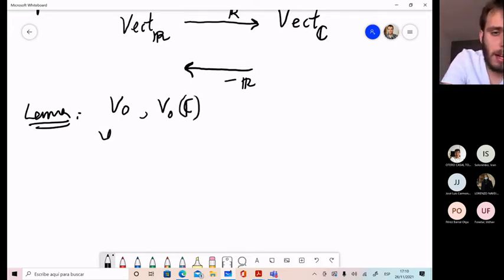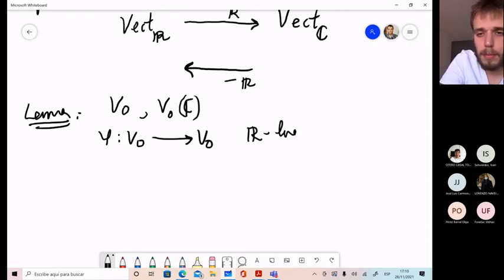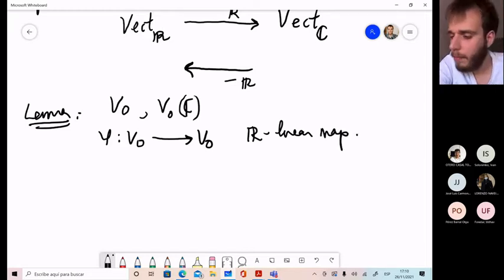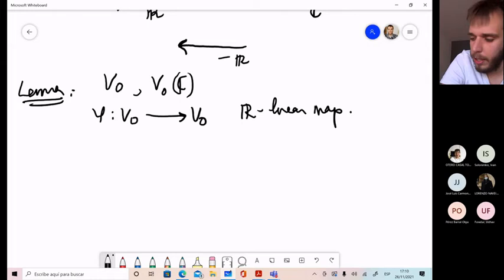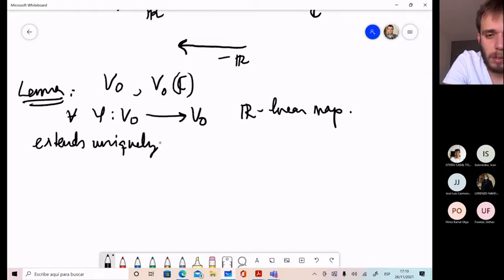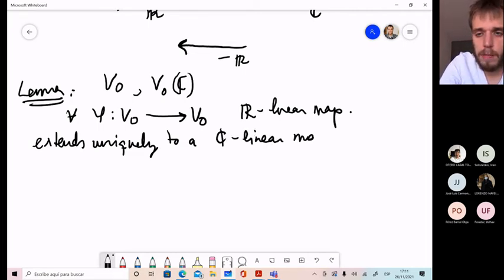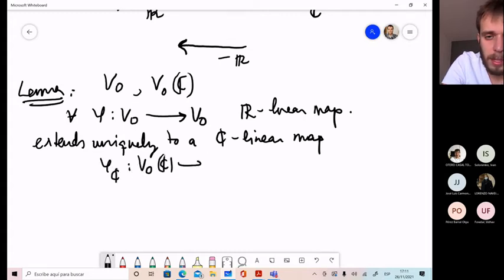Then if you have a real linear map phi, this map extends uniquely to a C-linear map, let's call it phi sub C, which is defined on the complexification and is a C-linear map.